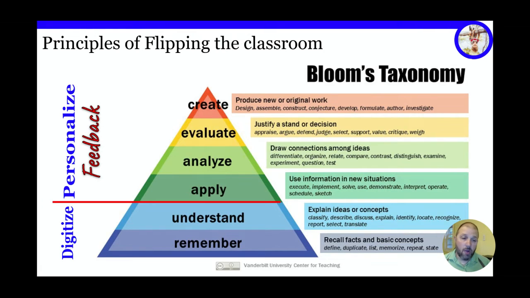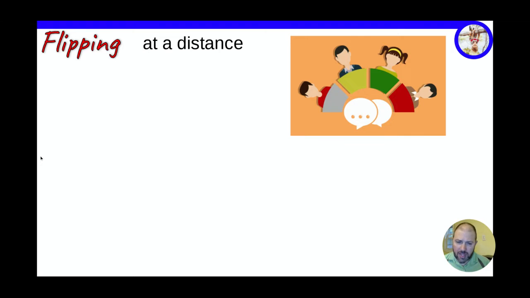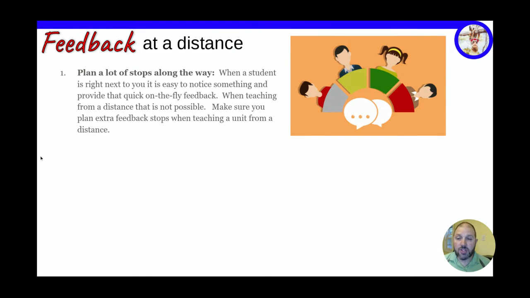And so when we're looking at applying the flipped classroom at a distance, we're actually talking a lot about feedback at a distance. And I have three things that I think are really important for providing feedback at a distance in a flipped learning environment. The first is to plan a lot of steps along the way.